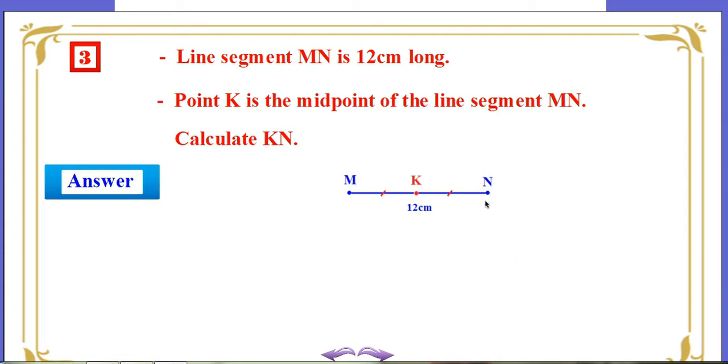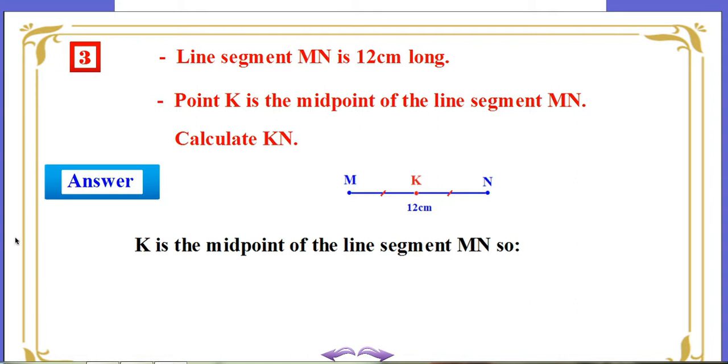It is the half of MN. K is the midpoint of the line segment MN. So MK equal KN equal MN over 2. It is the half of MN. So MN is 12 cm and the half of 12 is 6 cm.